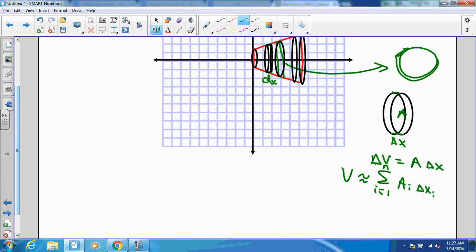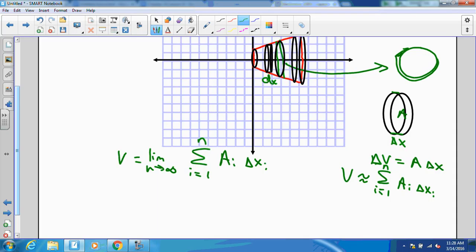So we'd say that then the volume is exactly equal to the limit as my number of slices goes to infinity of the sum from i equals 1 to n of A sub i delta x sub i. But if you look at this, this is exactly a Riemann sum.